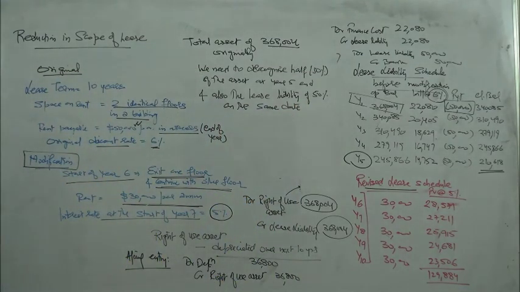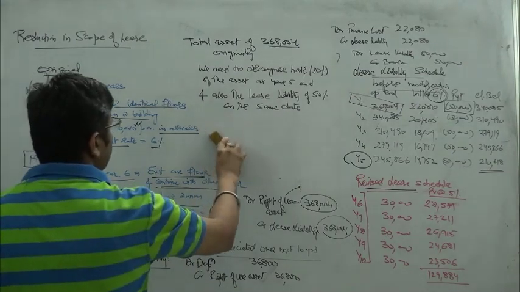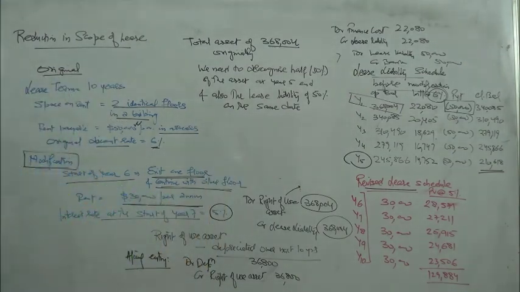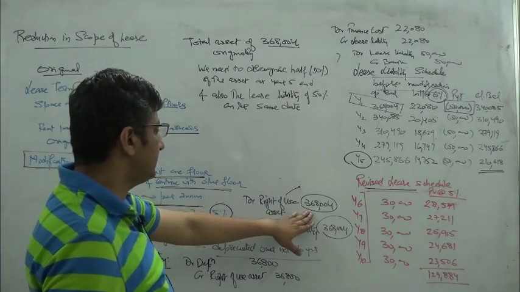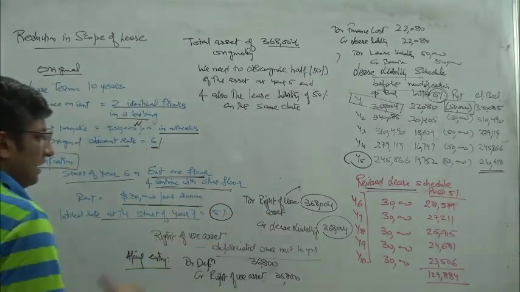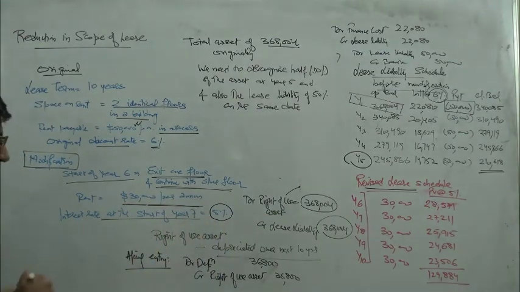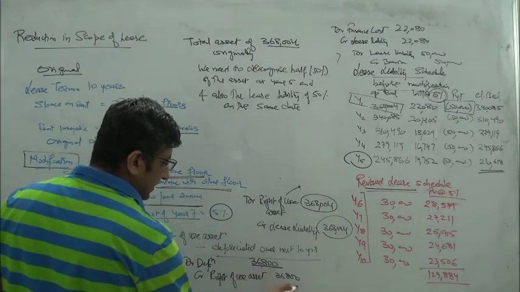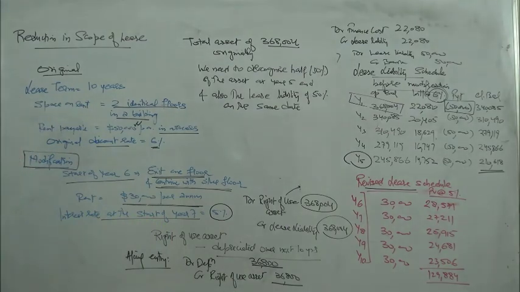Okay, right? Moving from 2 floors to 1 floor, of course we need to de-recognize both the asset, the right of use asset, and the liability. All right, so what we are saying now, out of this 368004, I would say 50% is gone, but of course I have been charging depreciation annually also, right?